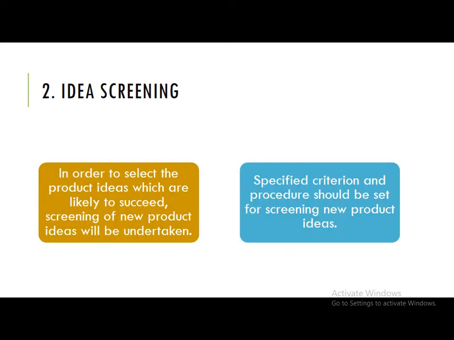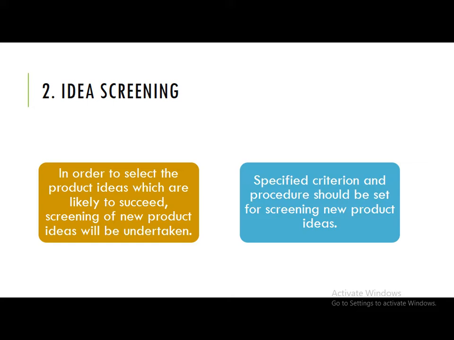So, idea screening. In order to select the product ideas which are likely to succeed, screening of new product ideas will be undertaken. Specified criteria and procedures should be set for the screening of new product ideas.